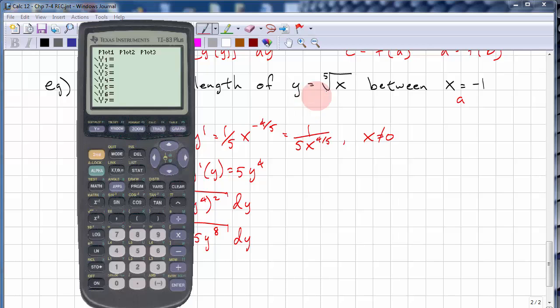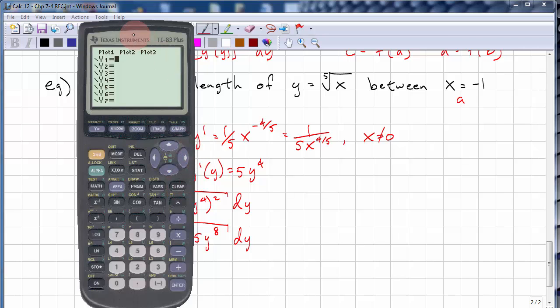I just want to illustrate that this function has a vertical tangent. And we see the vertical tangent there.